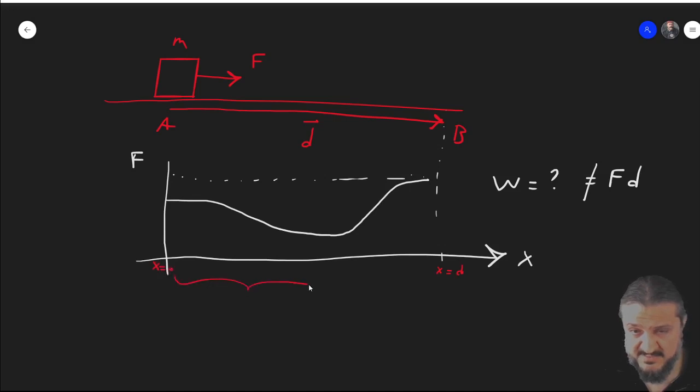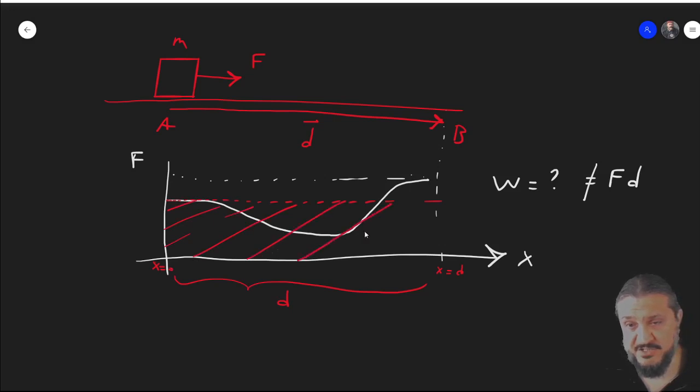So this distance is D. Now F times D means the area here of a rectangle. So if this F here is what you started with, let's say, imagine the area of this shaded region. That is FD.